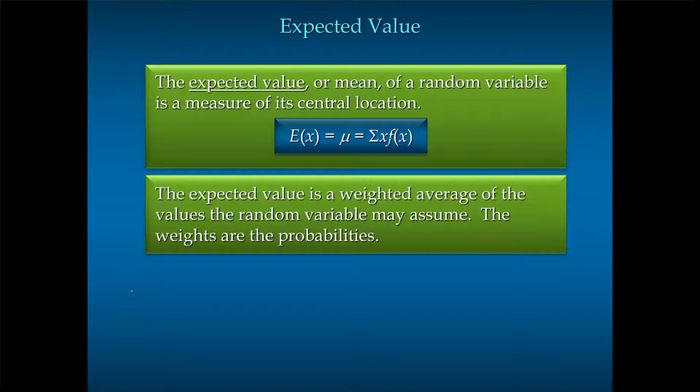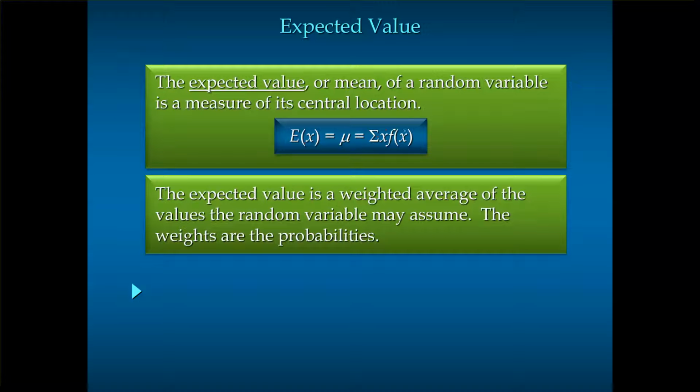It's a weighted average of the values of the random variable, where the weight is the probability. As we mentioned before, f(x) is our probability for the corresponding outcome of x. Each x is multiplied by its probability, and we add all the possible pairs together to get the expected value.